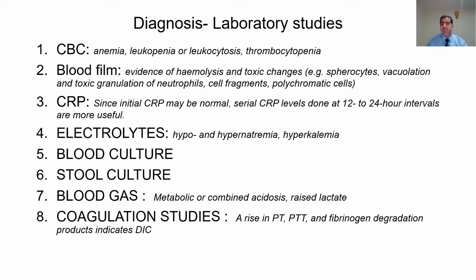Blood film can show evidence of hemolysis and toxic changes like spherocytes, fragmentation, and toxic granulation of neutrophils, cell fragments, and polychromatic cells. C-reactive protein as a stat test may not be helpful, but serial measures of CRP are very important for both diagnostic and prognostic purposes.